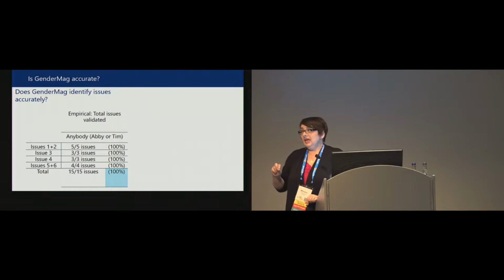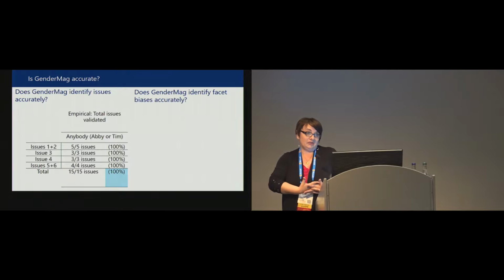Another thing to note is that the analysts, they were graduate students in HCI, but they were not GenderMag experts. This was their first time conducting a GenderMag analysis, and in spite of that, their accuracy rate was very high. Another question that we ask in terms of accuracy is, does it identify facet biases accurately?